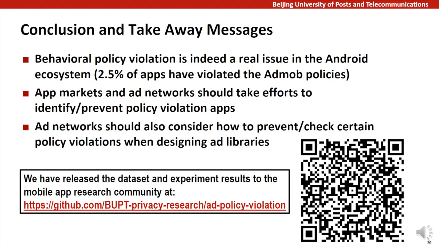Moreover, the ad networks should also consider how to prevent or check certain policy violations when designing the advertisement libraries. We have released the dataset and experiment results to the mobile app research community in a GitHub repo, so you can scan the QR code to access the page.